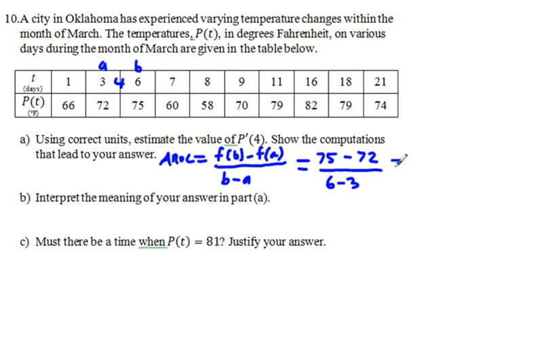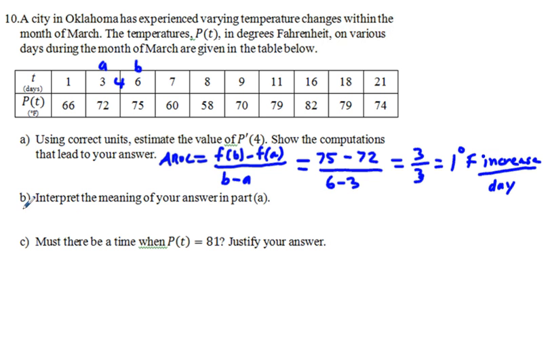So we're going to end up with 3 over 3, which equals 1. And 1 what? Well, 1 degree Fahrenheit per day. 1 degree Fahrenheit increase per day.